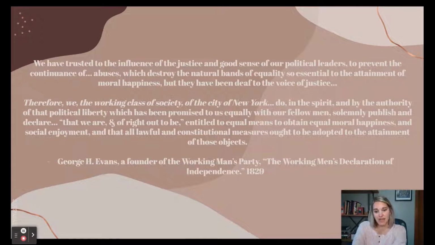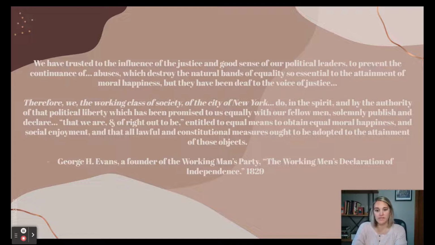And on the opposite side here, George Evans, the founder of the Working Man's Party, says, "We have trusted to influence of the justice and good sense of our political leaders to prevent the continuance of abuses which destroy the natural bands of equality, so essential to the attainment of moral happiness. But they have been deaf to the voice of justice.